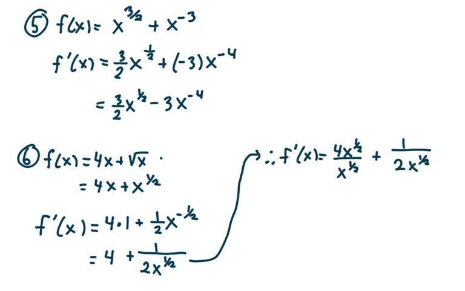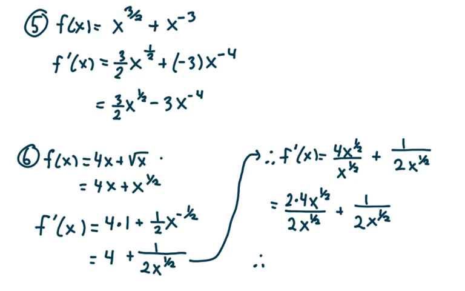So what I need to do is say that this is 2 times 4x to the 1/2, right? Divided by 2x to the 1/2 plus 1 over 2x to the 1/2.